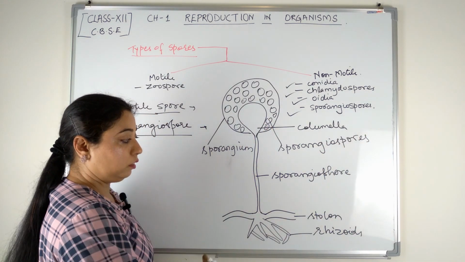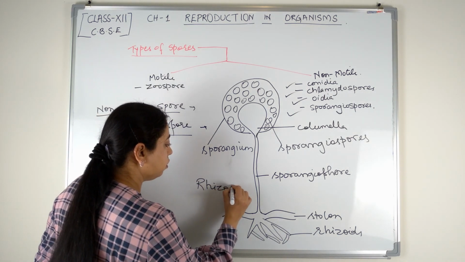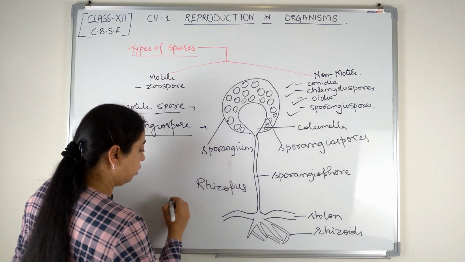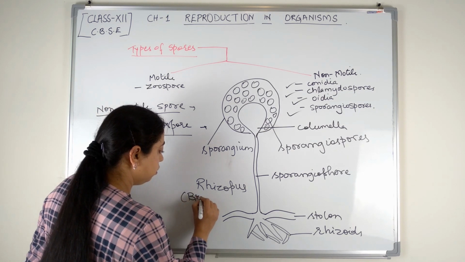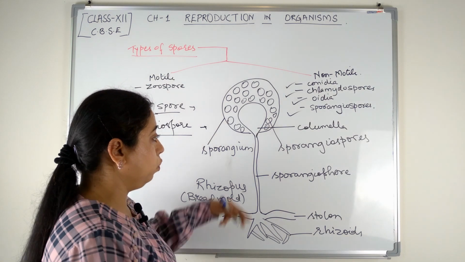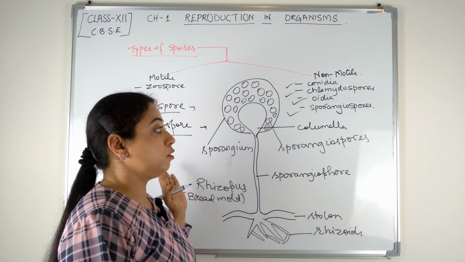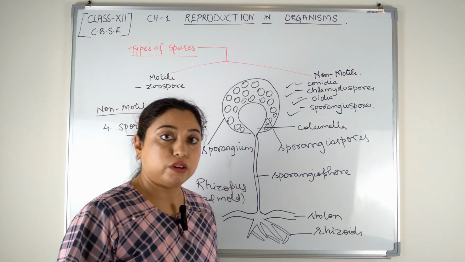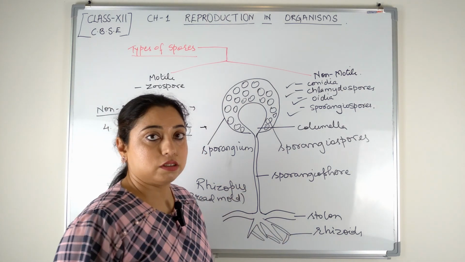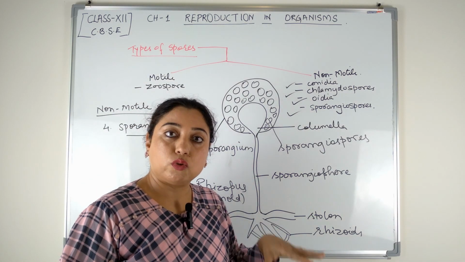Okay. So this is the structure of a bread mold, that is Rhizopus, a fungus, that is bread mold. This is how a bread mold looks like, and the formation of sporangiospores is the most common asexual mode of reproduction in Rhizopus.